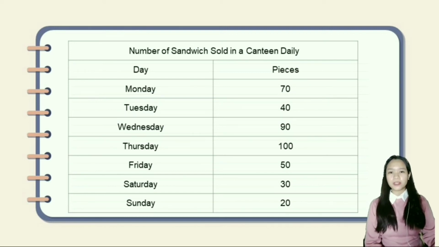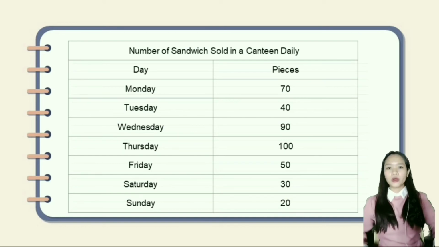For the number of sandwiches sold, we're going to look for the highest and the lowest number of sandwiches sold in a day. What is the highest number of sold sandwiches? Correct. The highest number of sandwiches sold in a day is 100 pieces. And the lowest is 20 pieces.